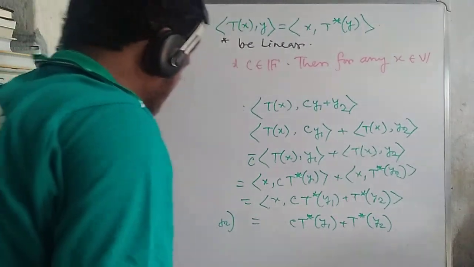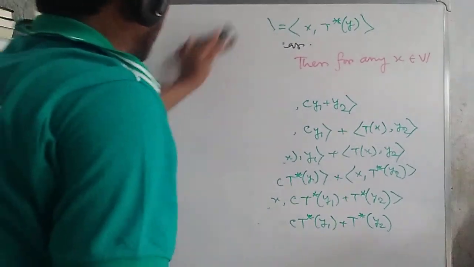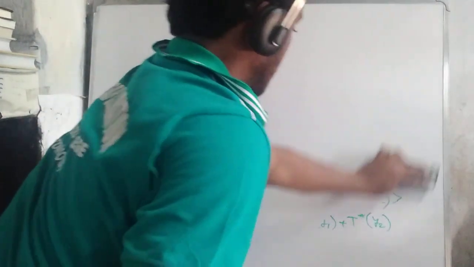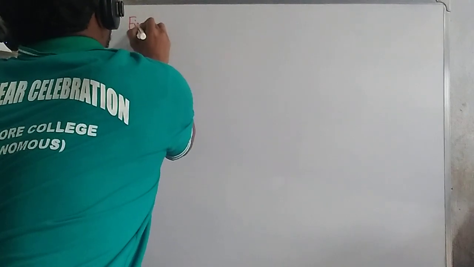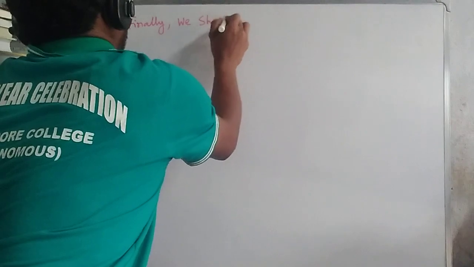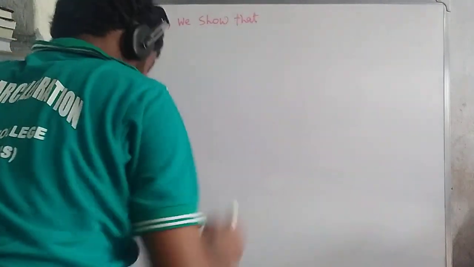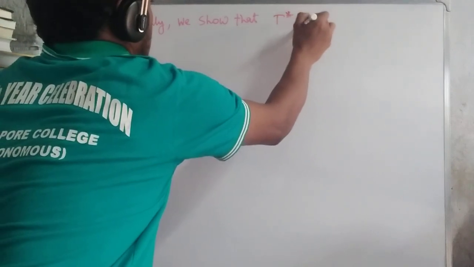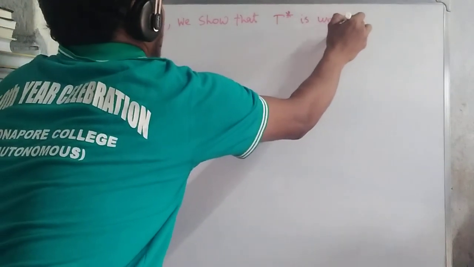Finally we need to show that T* is unique. We write it here. Finally we show that T* is unique.